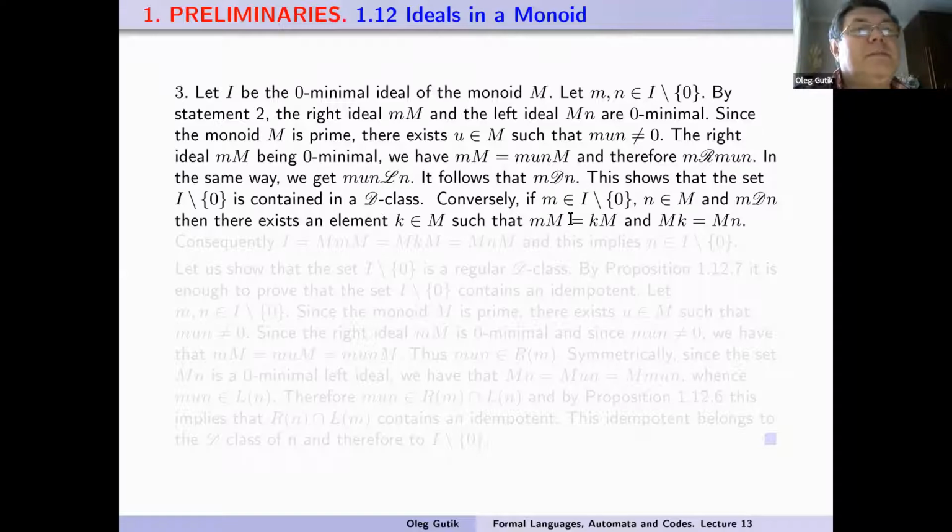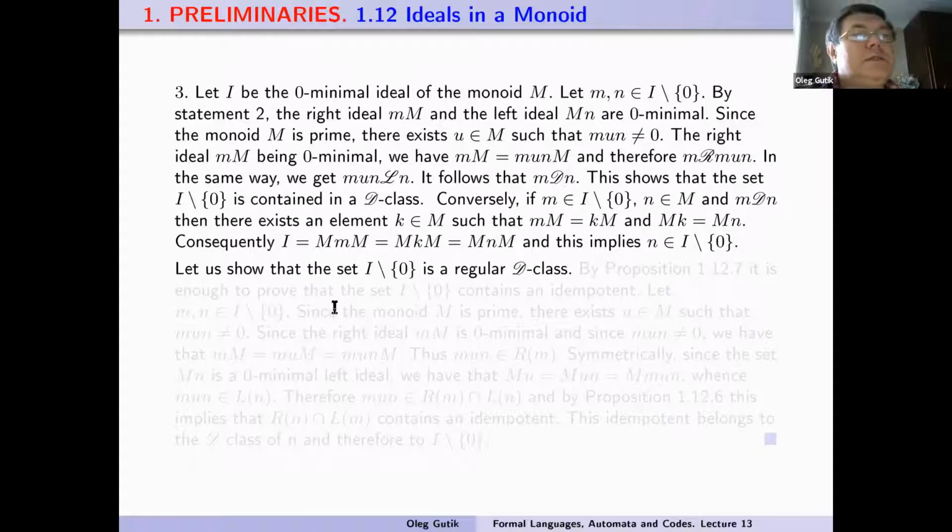Conversely, if M is an element of I capital without 0, N is an element of the monoid M capital, and elements M and N are D equivalent, then there exists an element K from M capital such that M capital is equal to K M capital, and M capital K is equal to M capital N. Consequently, we get that I capital is equal to M capital multiplied by M capital, which is equal to M capital multiplied by K multiplied by M capital, which is equal to M capital multiplied by N multiplied by M capital, and this implies that N belongs to the ideal I capital without 0.